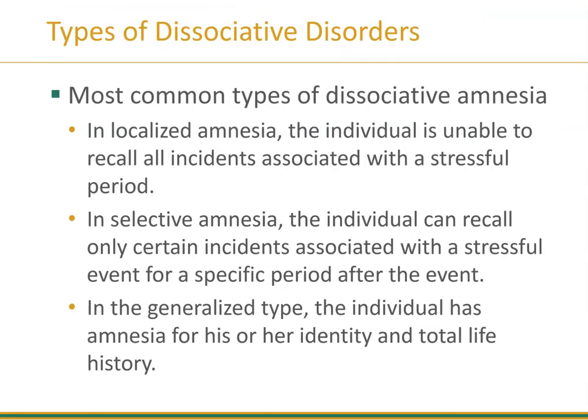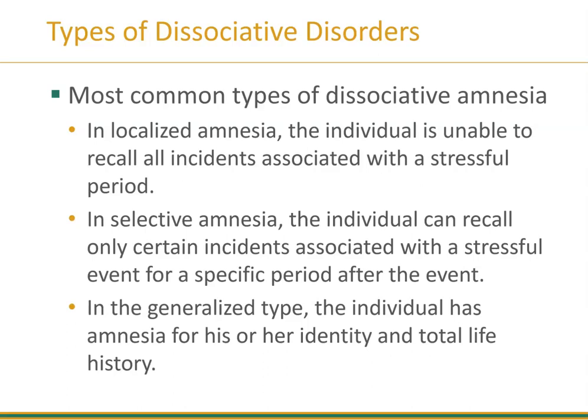Now, according to the textbook on page 611, there are four types of amnesia. We're going to talk about those. Page 611, you have the localized amnesia, where the individual is unable to recall all incidents associated with the stressful period.